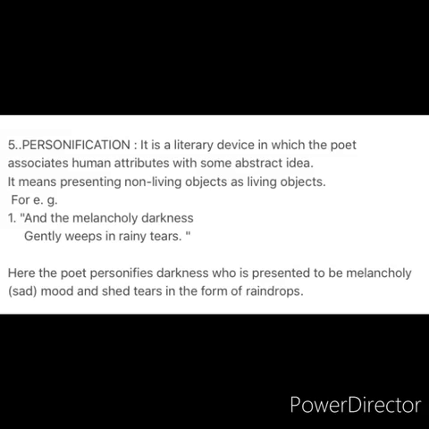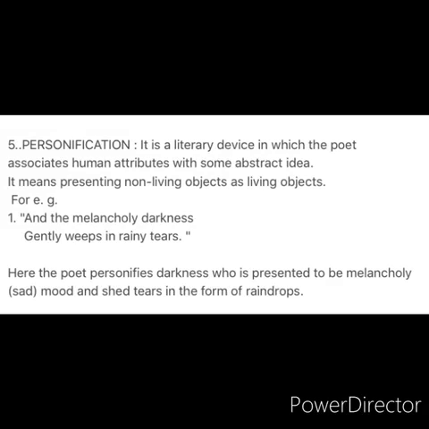For example, and the melancholy darkness gently weeps in rain tears. Here, the poet personifies darkness, who is presented to be melancholy, means sad mood, and sheds tears in the form of raindrops.